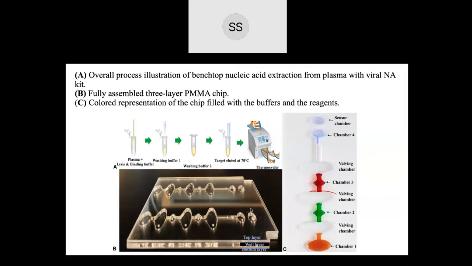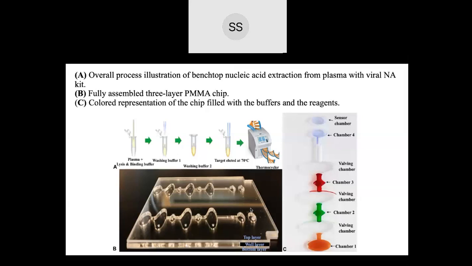So this is the overall image of the project. In the first one, in A, you can see the overall illustration of the benchtop nucleic acid extraction from the plasma with the viral kit. These are the processes which happen at the benchtop. We designed all these, and we compiled all of them in a small microfluidic chip, which is probably the size of a palm.